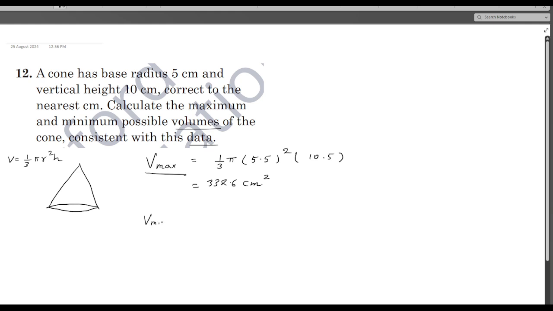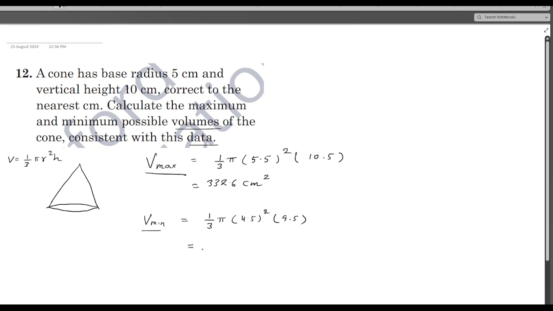And V min, if I consider minimum volume, it is 1/3 pi. Now radius here is 4.5 square times h. So here height we will consider as 9.5.